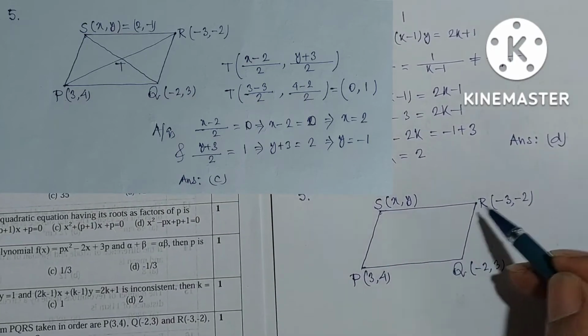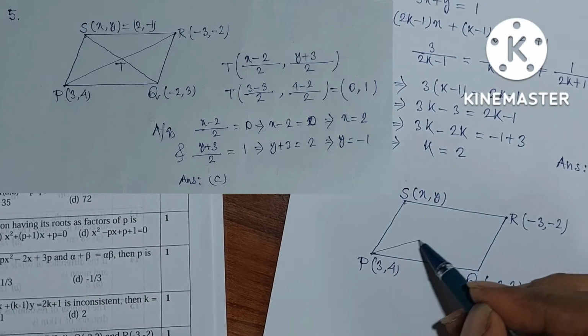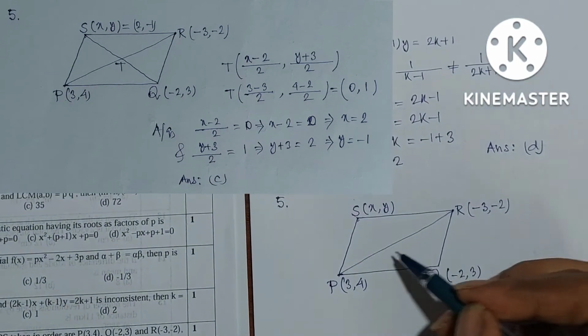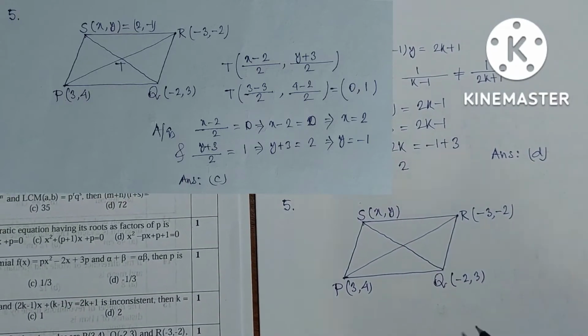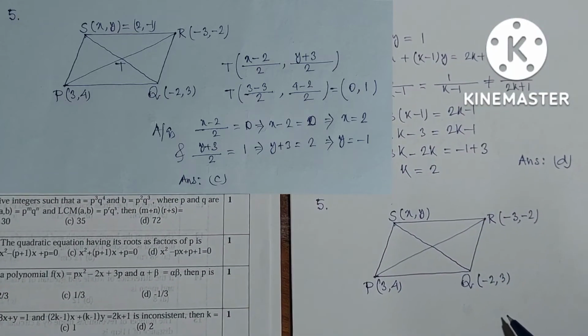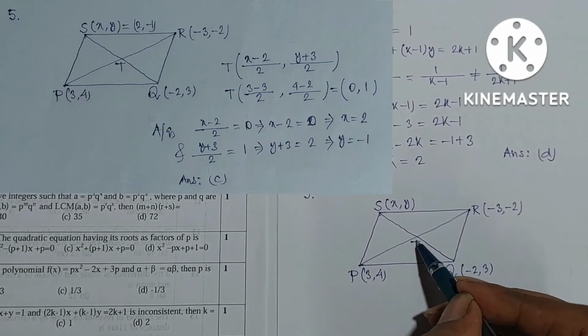Since the diagonals of a parallelogram bisect each other, the midpoint of PR and the midpoint of SQ is the same point. Let this point be T.